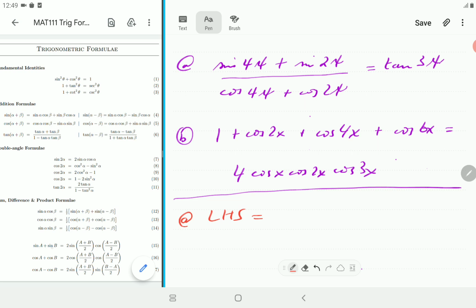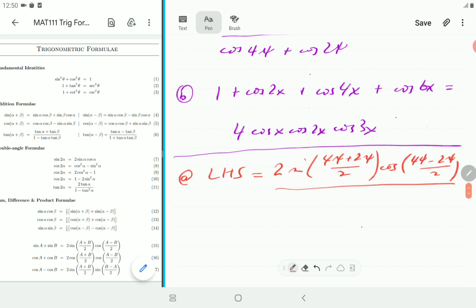So our A is going to be 4 psi, our B is going to be 2 psi. So this is going to be 2 times sine 4 plus 2 over 2, so A plus B over 2, then cosine 4 minus 2 over 2, and then in the denominator we're going to do the same thing using formula number 16 here.